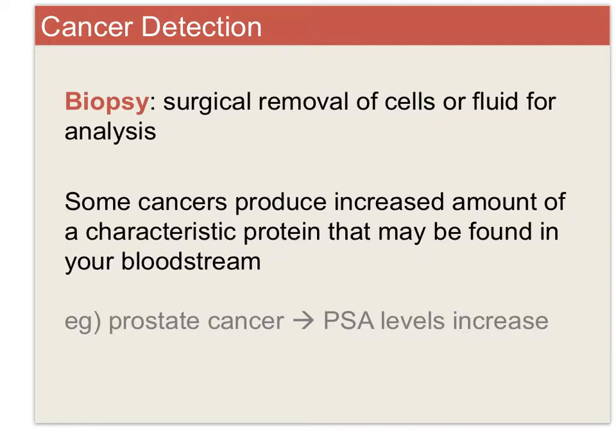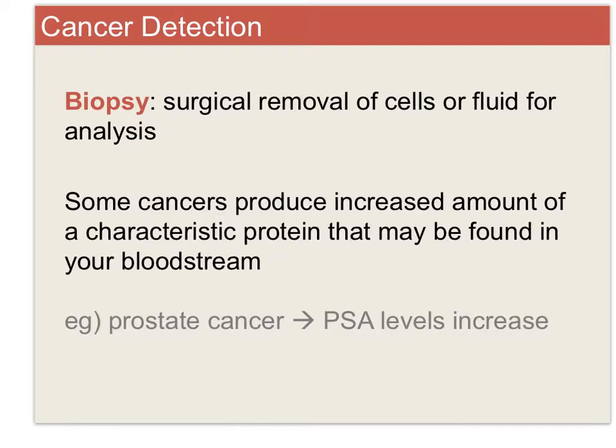So that's one way. Also, for some cancers, there are biochemicals that are released that indicate there's cancer in the system. So for prostate cancer, there's something called PSA.